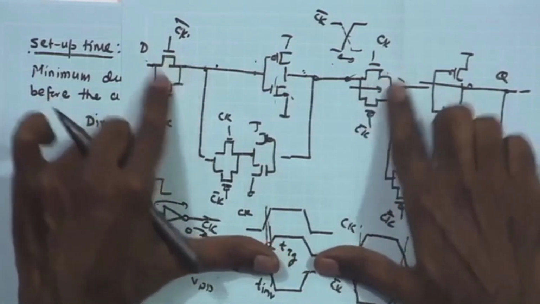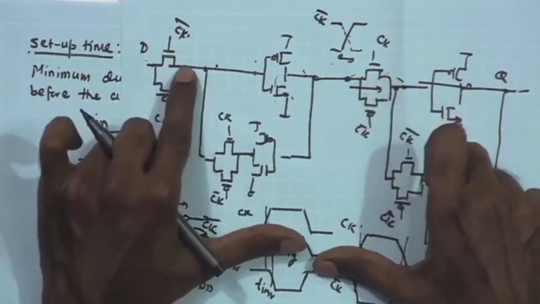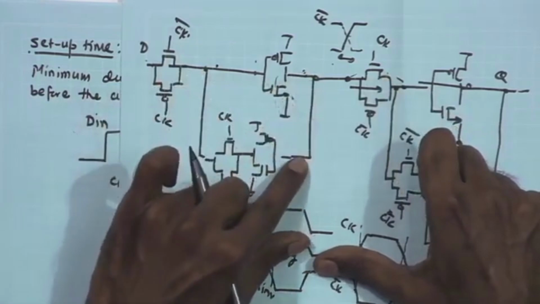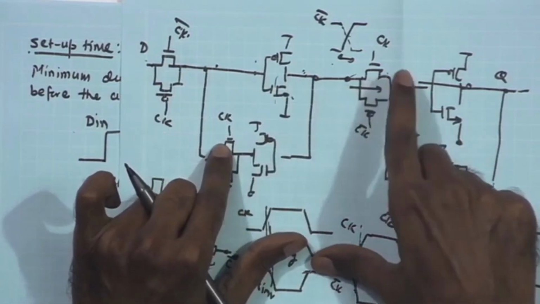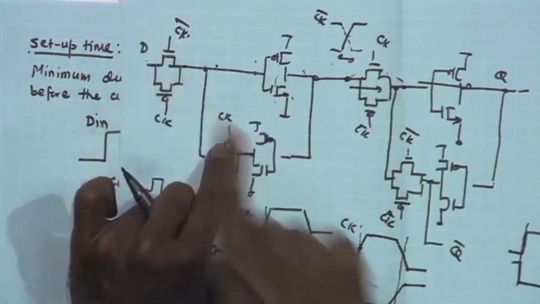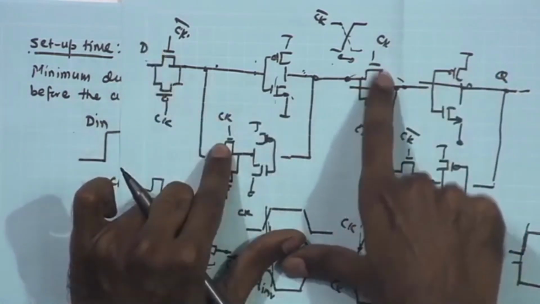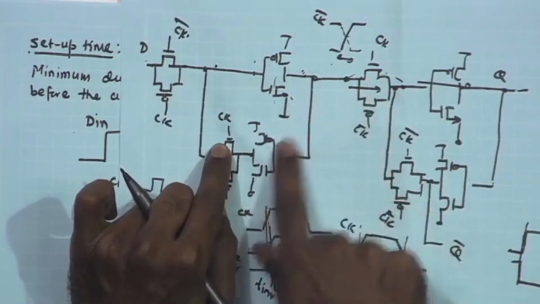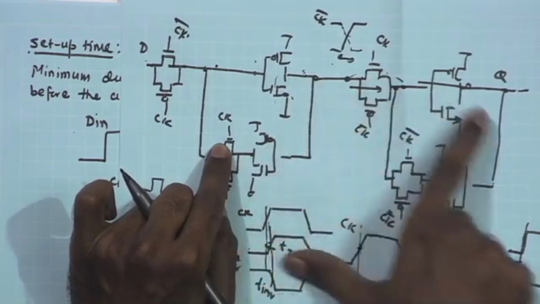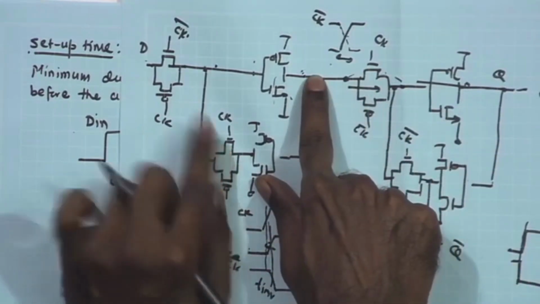So, none of them are fully closed, and if the data over here is not settled, it has some transition point, it is not settled well, and this is getting closed. As a result, you can have this particular gate turning on and the data over here can end up driving the data over here. It can influence the data at this point, because this is turning off.